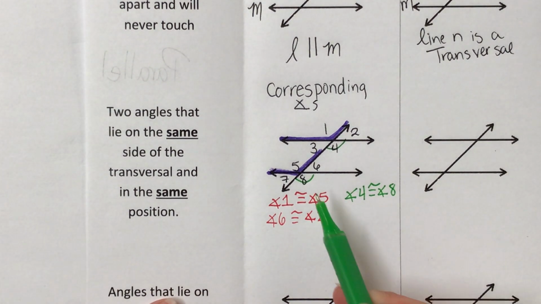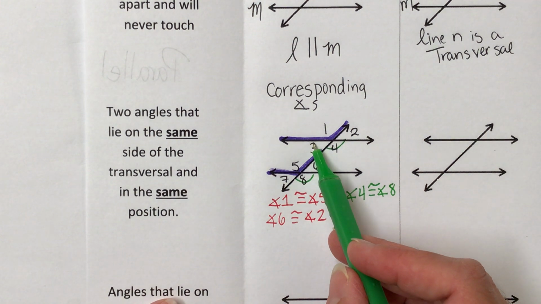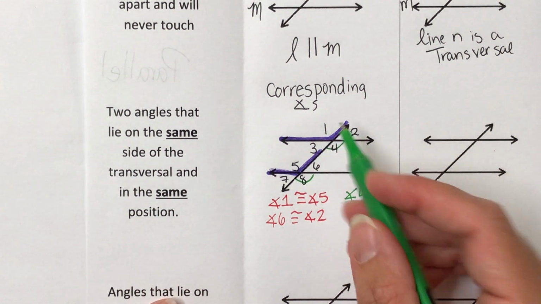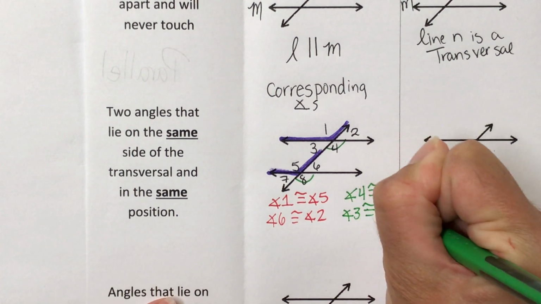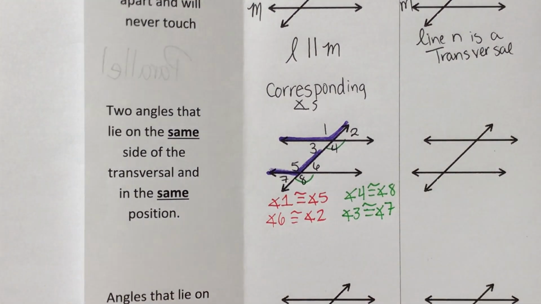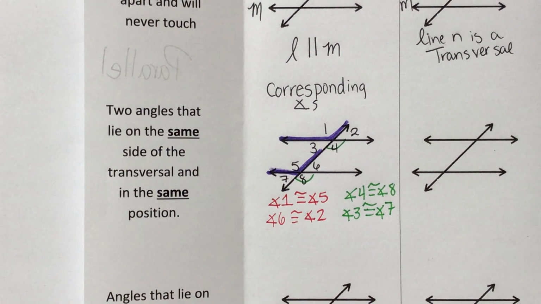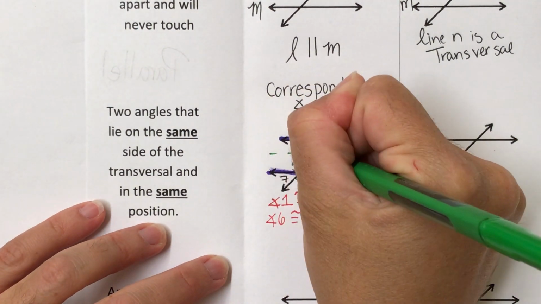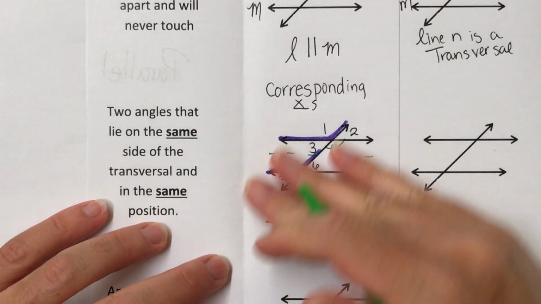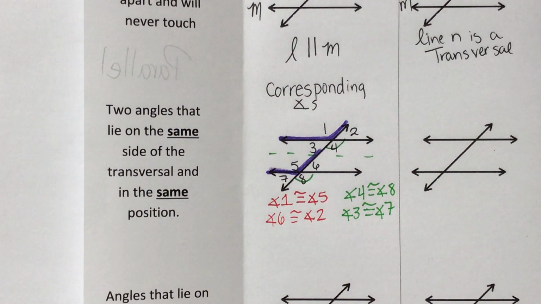And then the last set would be angle 3 and angle 7. So corresponding angles are angles that lie on the same side and are in the same position. Again, like I said, imagine taking a line and cutting right here in half and sliding on top, and all of these angles would fall directly on top of each other.